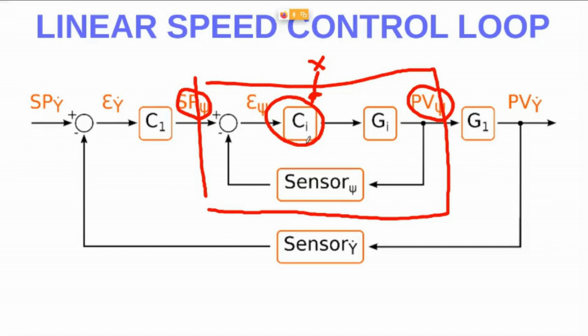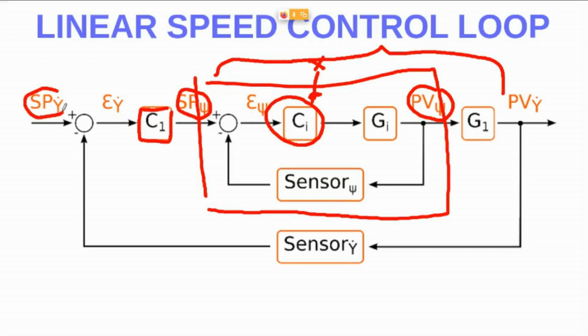So the aim of today's lecture is to find the model of all this set of elements, in order to have a model that helps us to tune this controller, because this is the set point of the linear speed, let's say forward or side by side, and this is the real value.